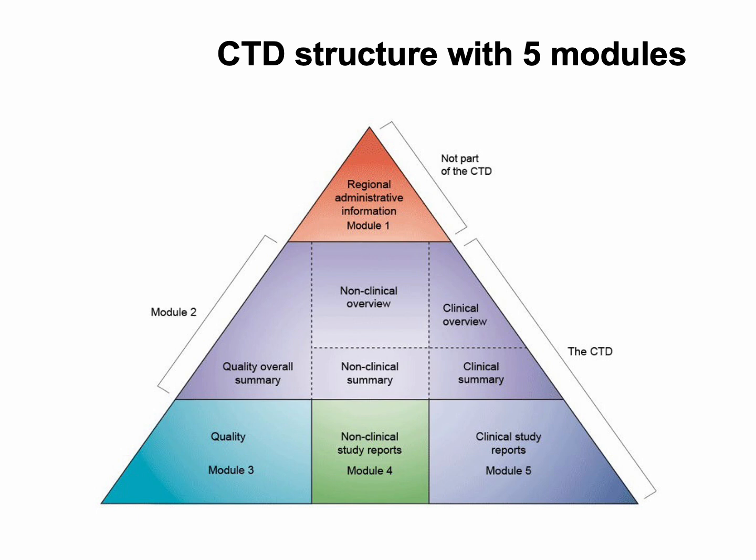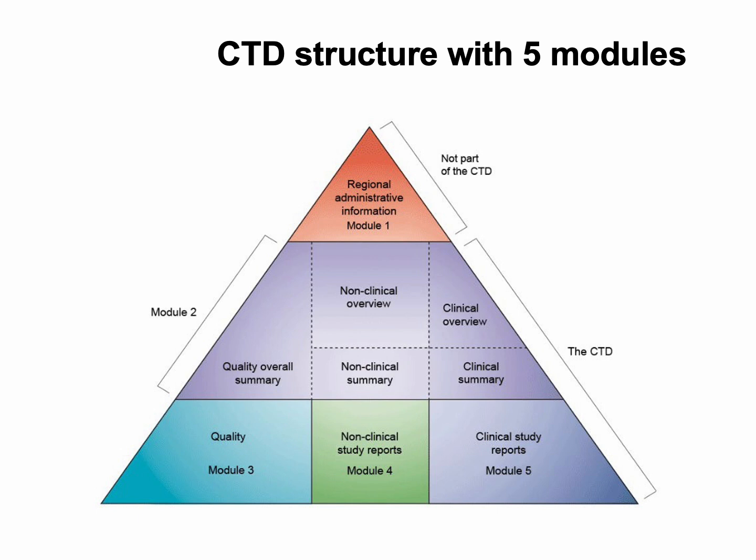We have a document for the non-clinical overview related to the studies that are done in animals. We have also a non-clinical summary. Same thing applies to clinical trials, where we have a clinical overview and a clinical summary. These are all documents that are being added into module 2 submodules.